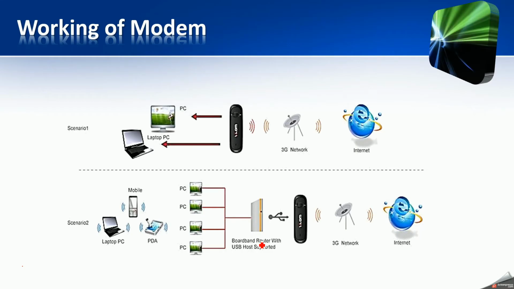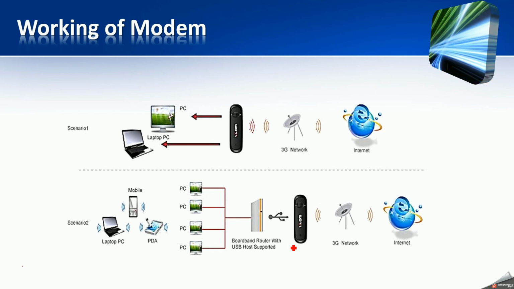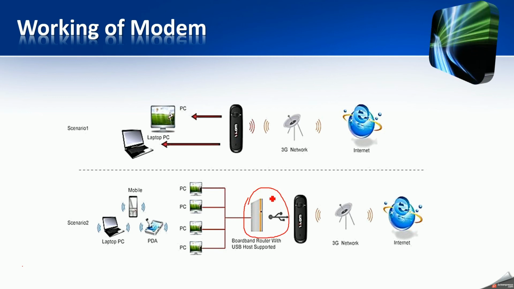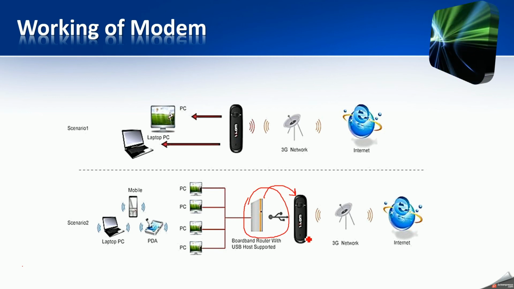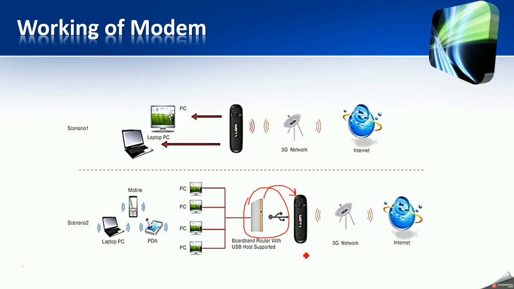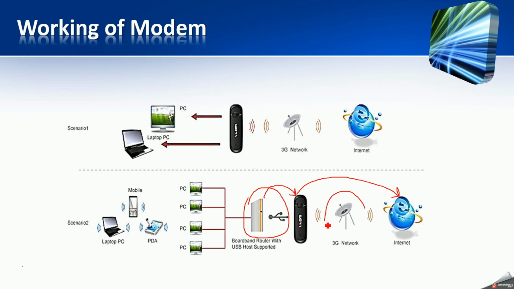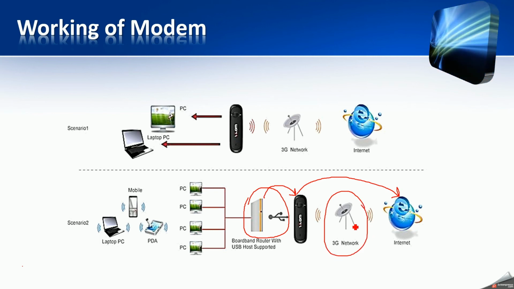This local area network is connected to a broadband router with USB host supported. You can connect your broadband router with this device, that is a USB dongle, which has an active 3G or 4G network connection, and it can access the internet using the 3G network, that is the cellular network.